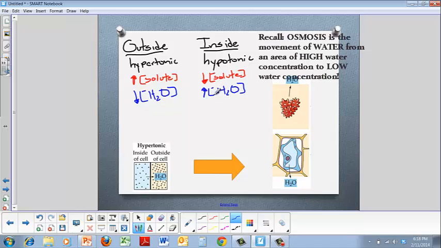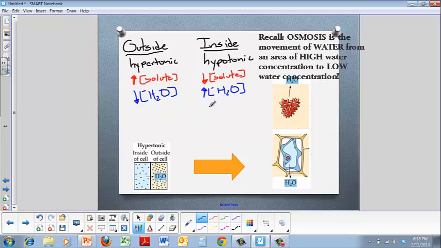So what does that mean? We know that the plasma membrane is going to prevent solutes from passing freely through the membrane. So we know the solutes are not going to diffuse from high to low. However, water can move freely, from outside to inside. We just have to know what direction it's going to move. Now I know my inside of the cell has a high water concentration and the outside has a low water concentration.